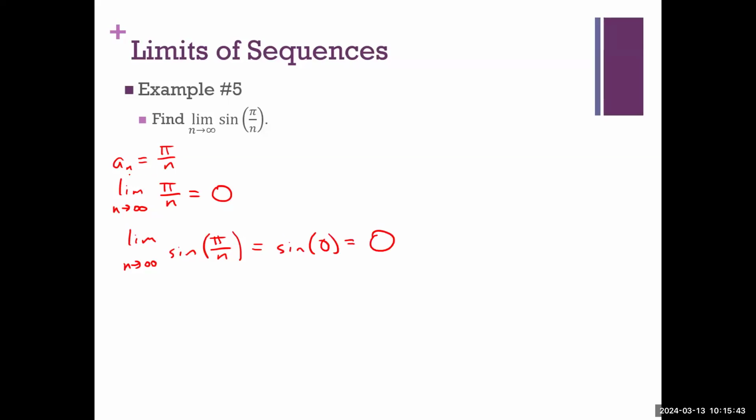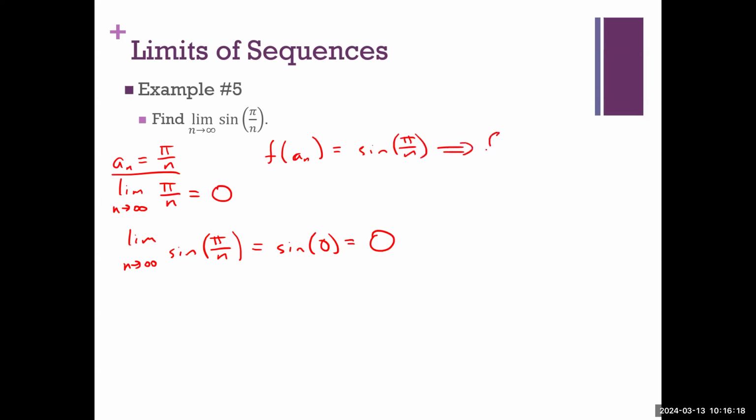We said explicitly that the inner sequence is pi over n, but we also have some outer wrapper function, which is what? How can I define that function f? Because really what I have here is f of a sub n equals sine of pi over n.